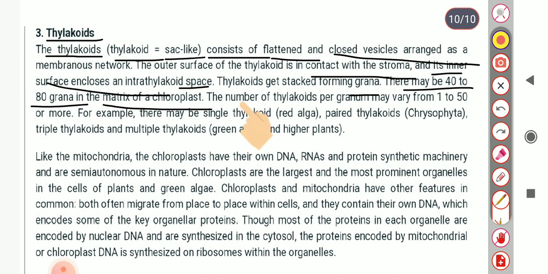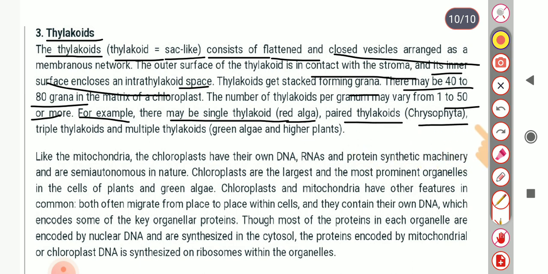The number of thylakoids per granum may vary from 1 to 50 or more. For example, there may be a single thylakoid in red algae, paired thylakoids in chrysophyta, and triple and multiple thylakoids in green algae and higher plants.